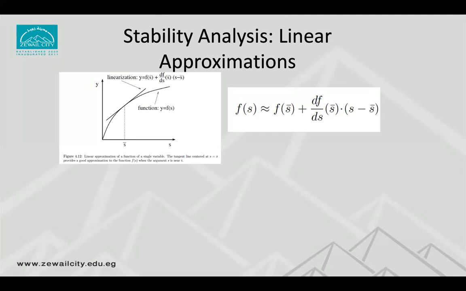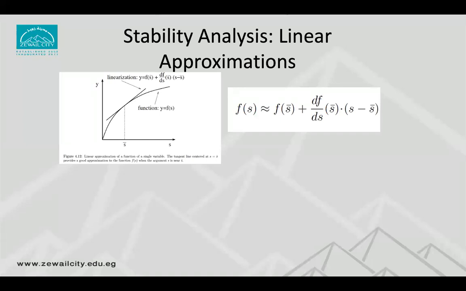We don't need a whole solution. We just need to know the derivative. We need to identify the cases where the derivative is 0, and then we need the second derivative to see whether it's stable or unstable.